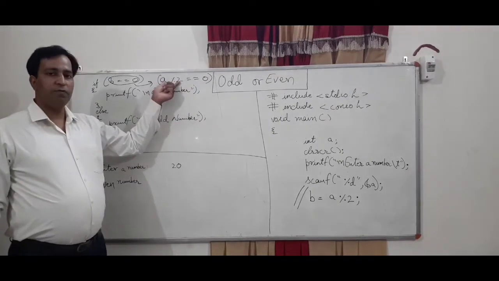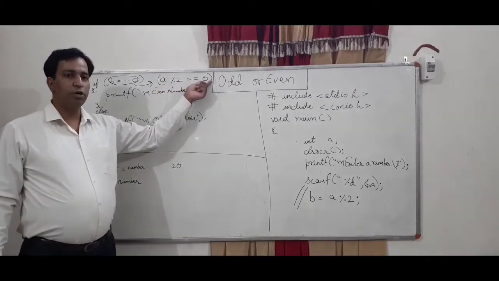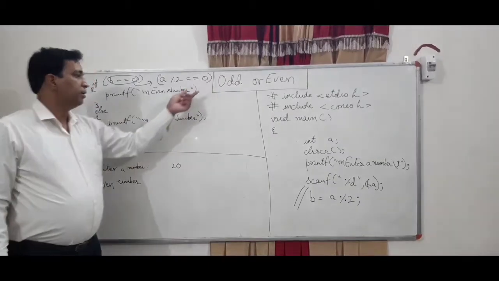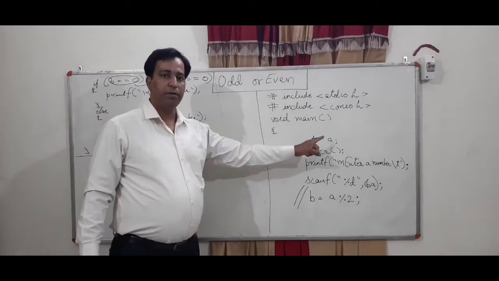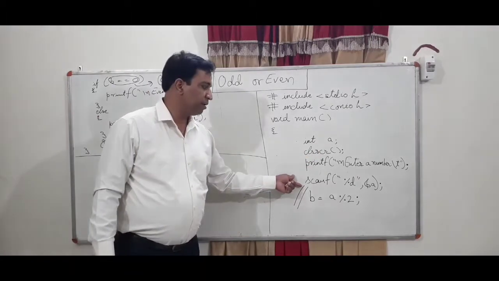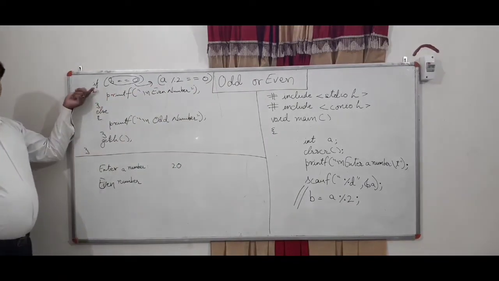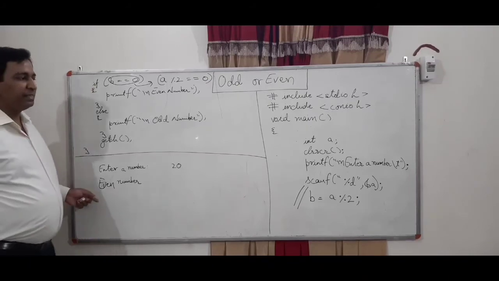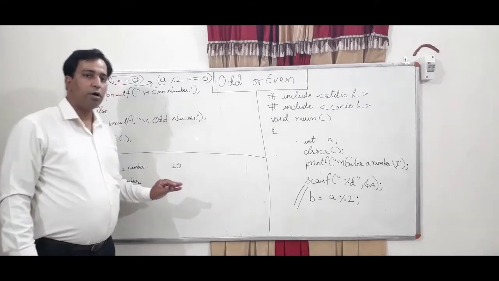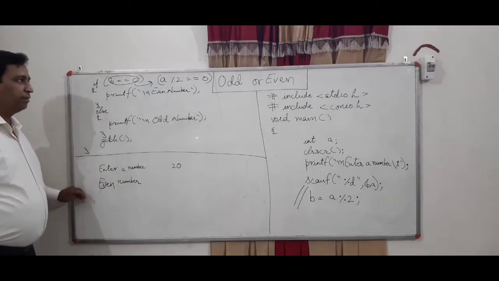Whether the remainder of this given number is 0 or not, right? So we need not have b. We can have only one single variable, and that single variable can be used in the expression with if, right? And the output will be exactly the same. There will not be even a single change in the output, right?